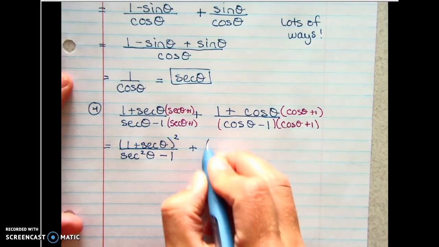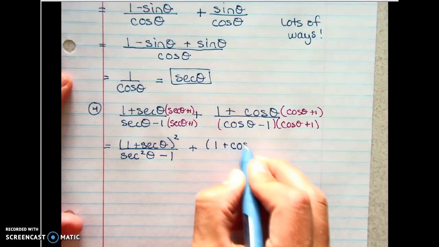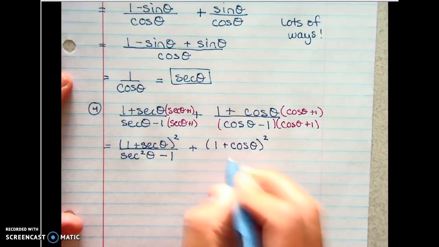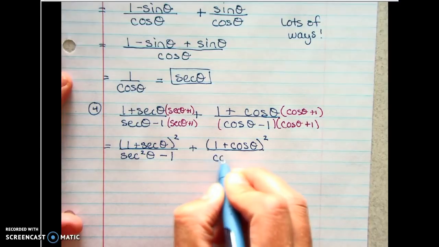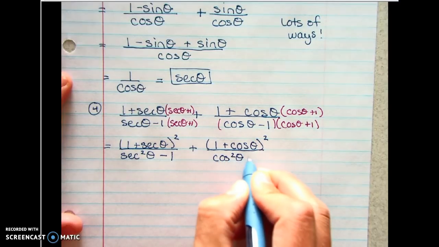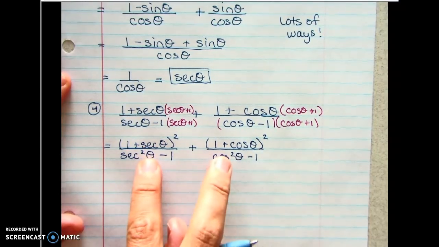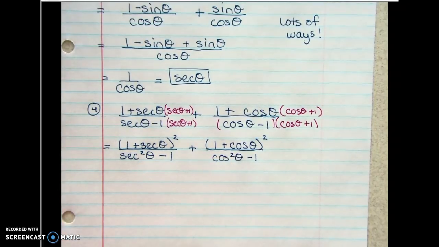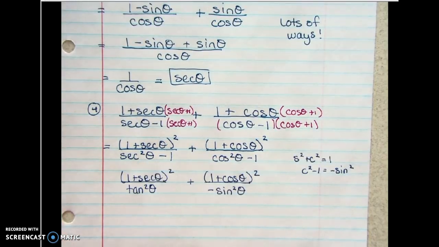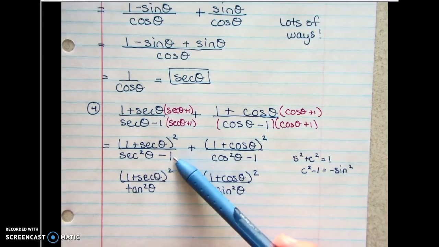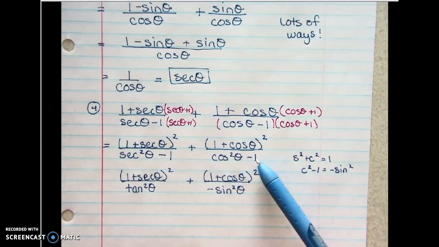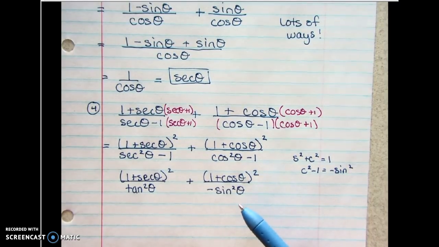Plus 1 plus cosine all squared all over cosine squared minus 1. Okay, both of these are trig identities from the front page. Okay, so I substituted this out for tangent squared and substituted this out for negative sine squared.